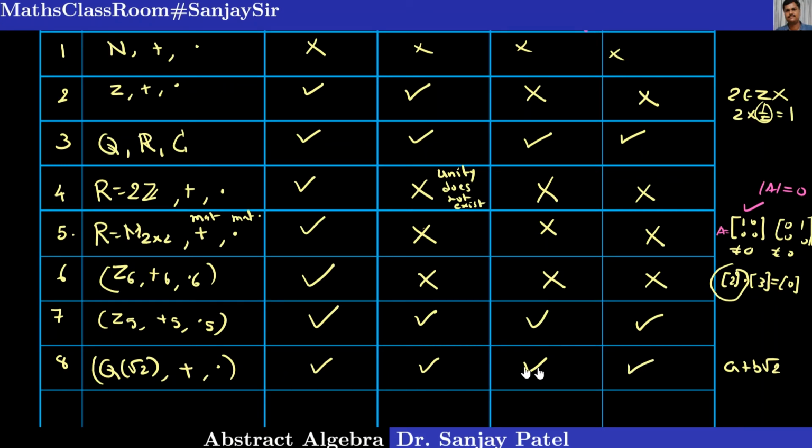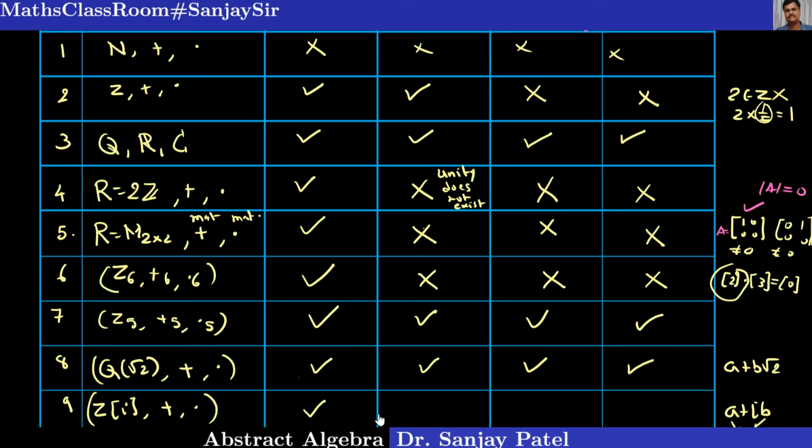So this satisfies everything. Another important example is Z i, the Gaussian ring. If you remember, what is Z i? Z i is the set of all complex numbers of the form a plus ib, where a and b are integers. And it is a ring.